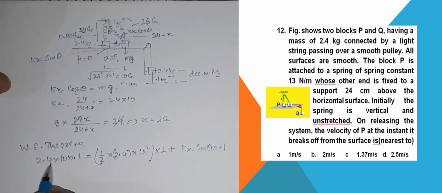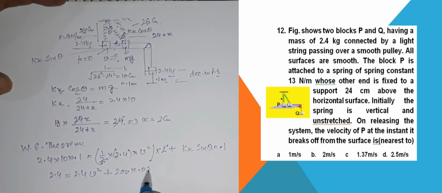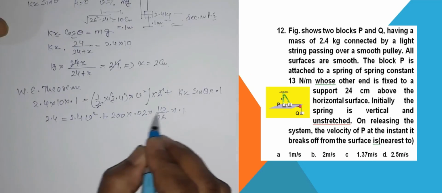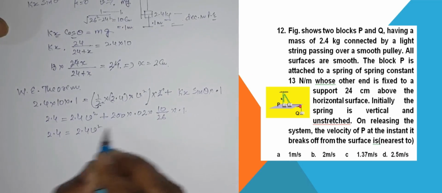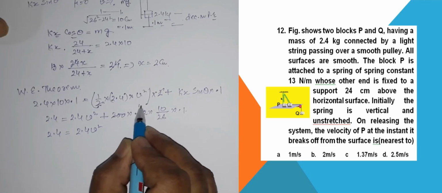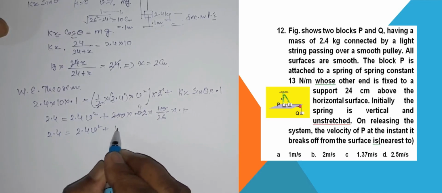So here this is 2.4 equal to 2.4 v square plus kx is, k is 200, x is 0.02, sin theta becomes 10 by 26 into 0.1. Simplifying this, you will be getting 2.4 is equal to 2.4 v square. This is 204, 4 by 26, approximately 0.15.